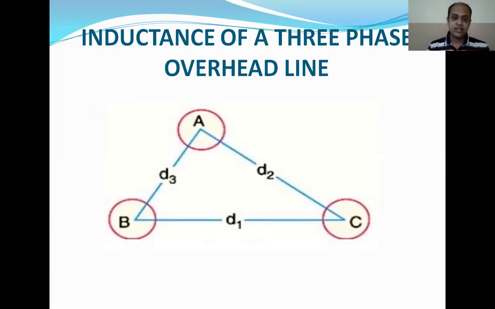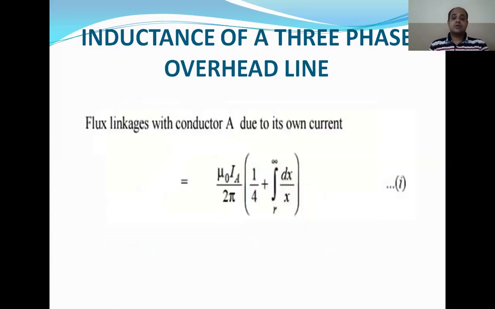For a balanced system, the summation of these three currents equals 0. So IA plus IB plus IC equals 0. Now, the first step: we have to find the flux linkage of conductor A due to its own current.